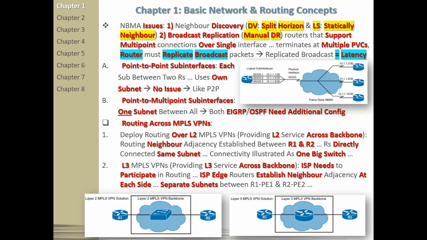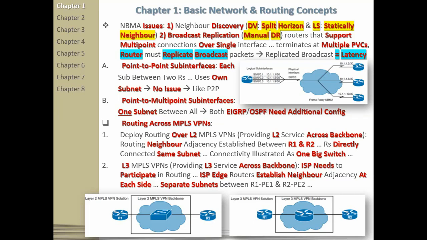But more importantly, remember with point-to-point sub-interfaces, we don't have a routing issue. With a single PVC and single physical interface, split horizon is not a problem because the connection is point-to-point.